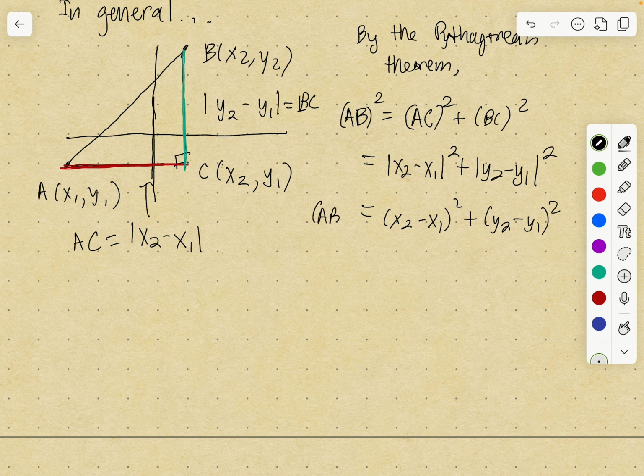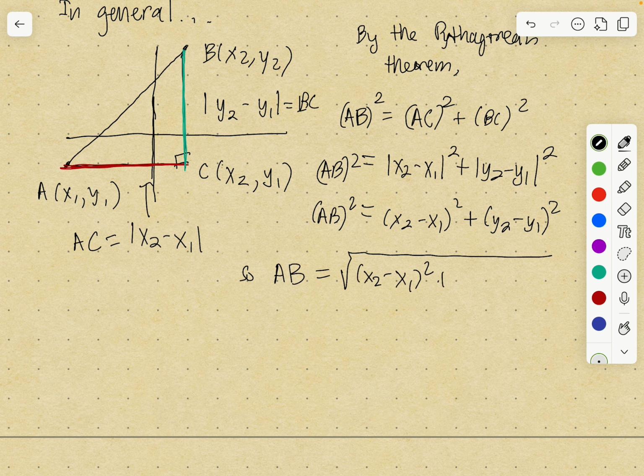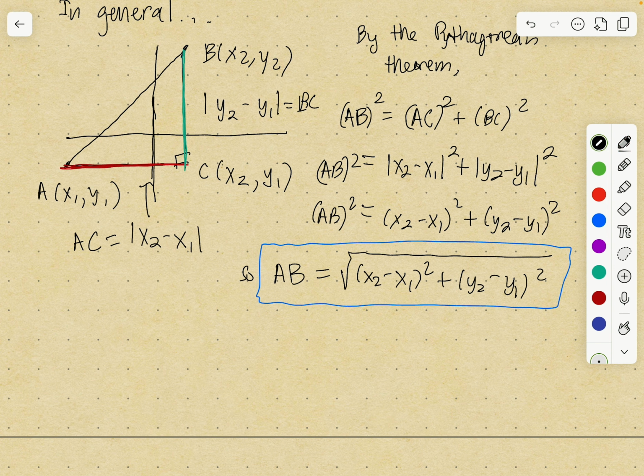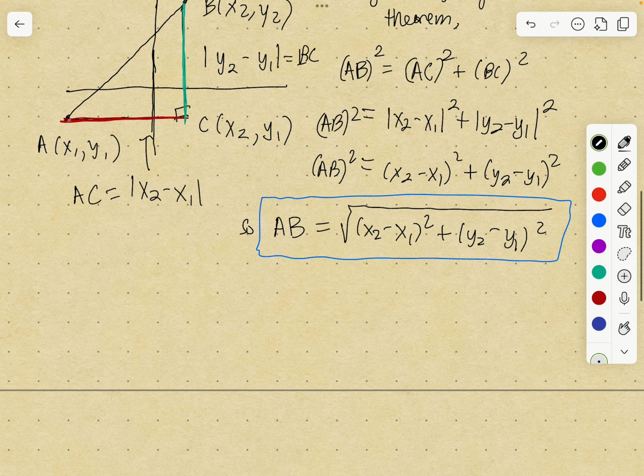So this was AB squared. And therefore, AB is, notice I have a positive quantity AB, so I can just take the square root of both sides. I'm going to get the square root of x2 minus x1 squared plus y2 minus y1 squared. And that's a formula that's called the distance formula. So let's write down the distance formula.